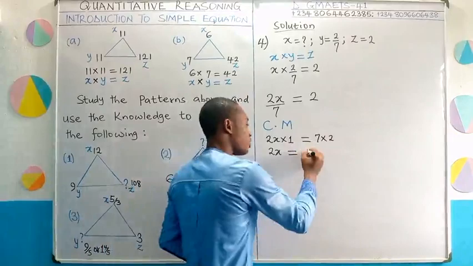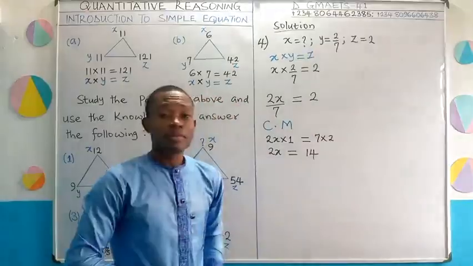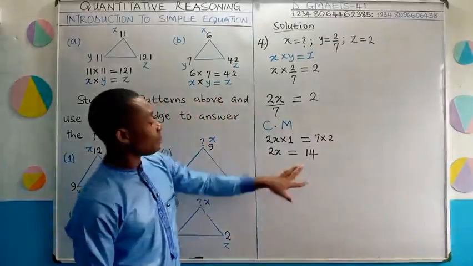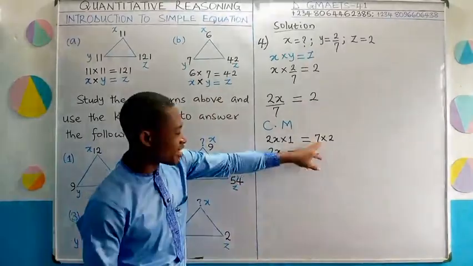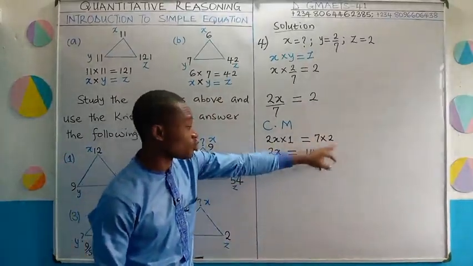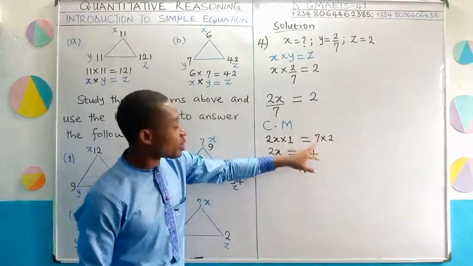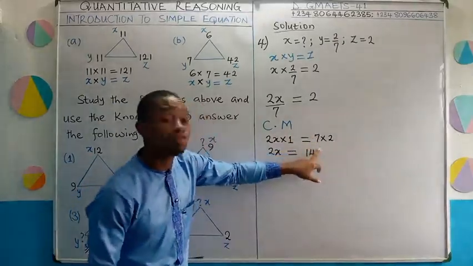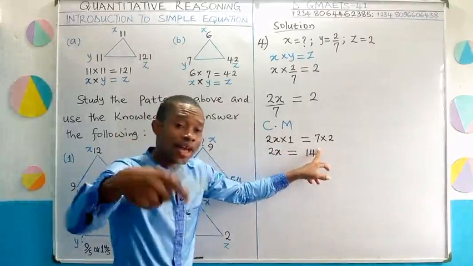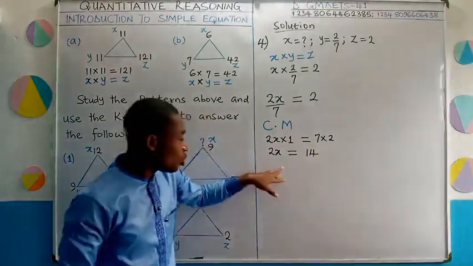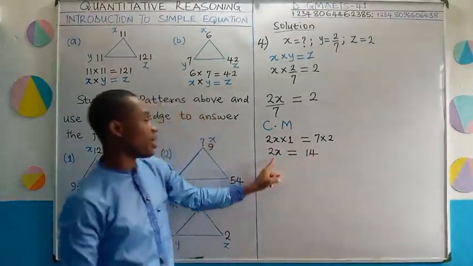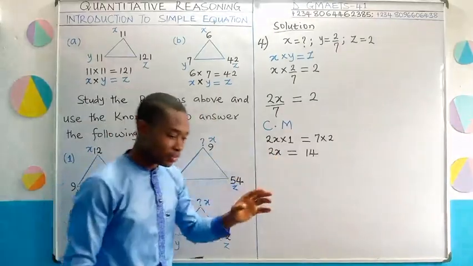Alright, let me just write the 14, but I'll still clean it. I am not going to leave this 14 here, I will still write 7 times 2. Why I will still clean this 14 is because I want to bring down this 7 times 2, so that in the next step, I am going to divide both sides by the coefficient of the unknown.